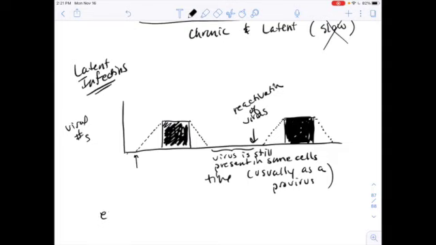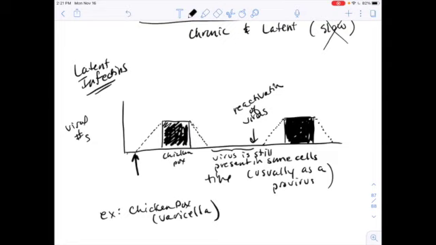An example of this, and I bet everybody here is familiar with the chicken pox, which is a varicella virus. The chickenpox virus, varicella, hangs out. You get an initial infection and you get the chickenpox.